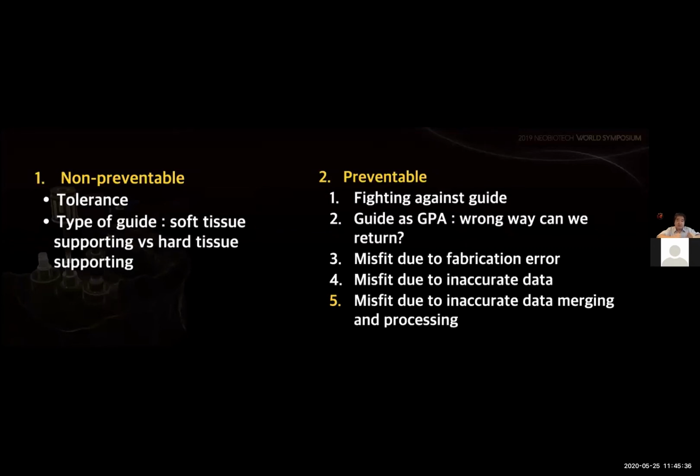While you are driving, your GPS, the navigator, tells you to turn left or turn right. Based on that, I follow the navigator and drive my car. But sometimes, even though my navigator told me to turn left, I missed it. So the dynamic guide can have the same situation too.